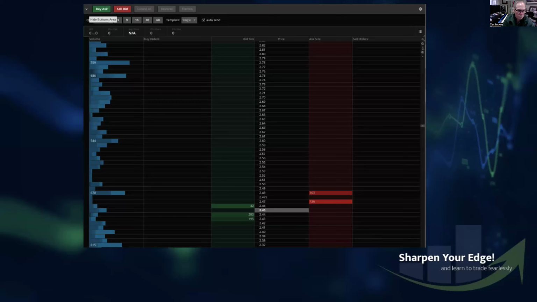So at 260, somebody bought, or several somebodies bought, 5,440 shares. These are shares of the underlying, so they're not contracts of options.